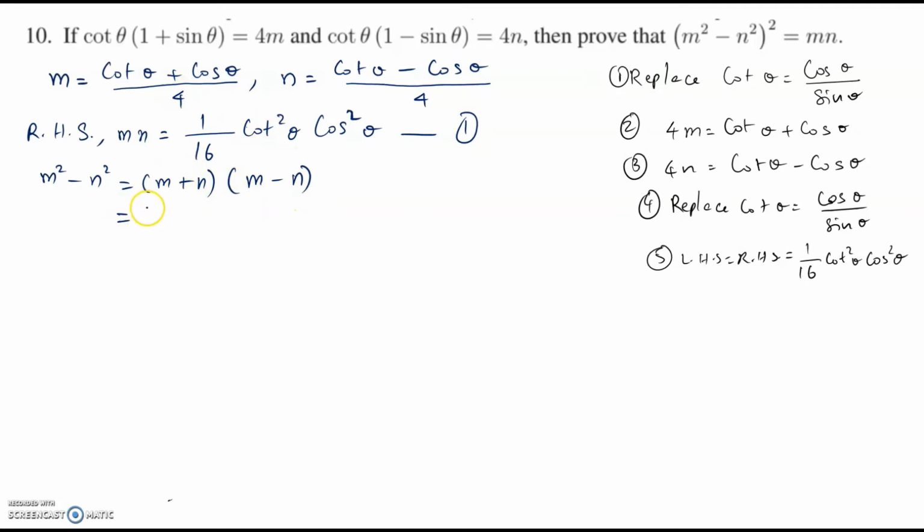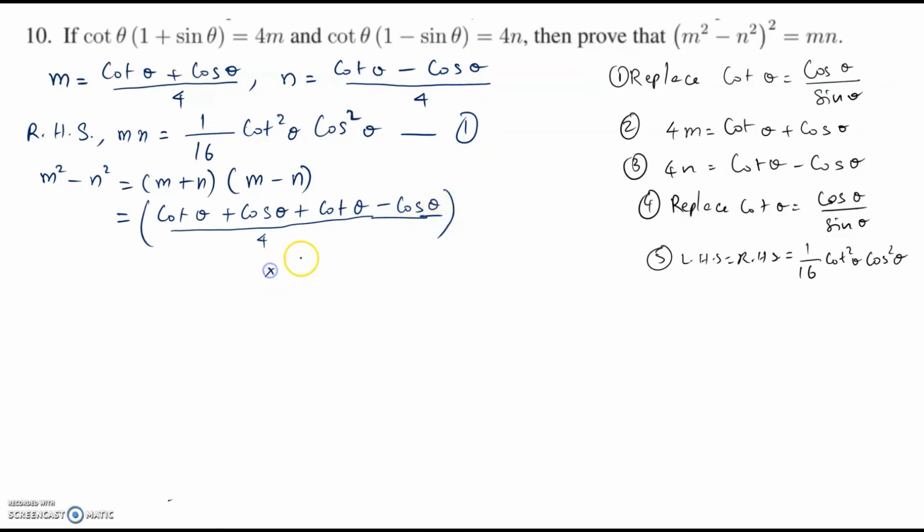Our m here is cot theta plus cos theta. Since 4 is a common denominator for both, we will keep the denominator as 4, and this will be plus cot theta minus cos theta.